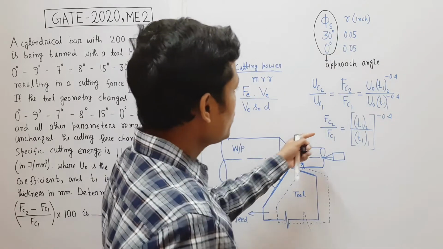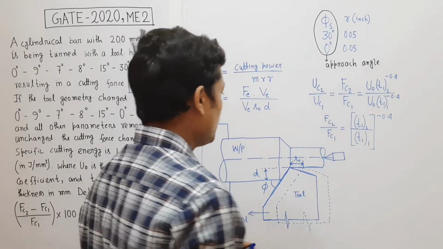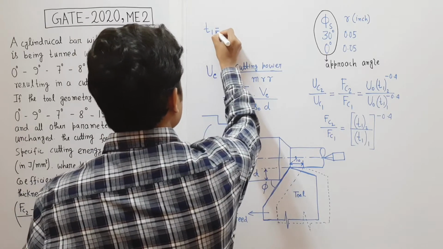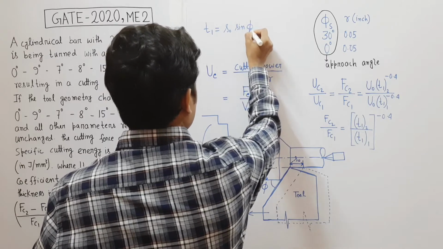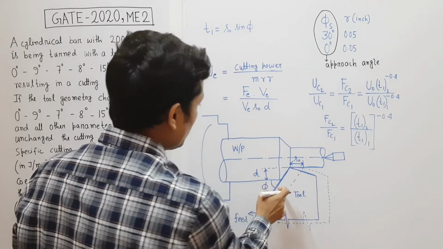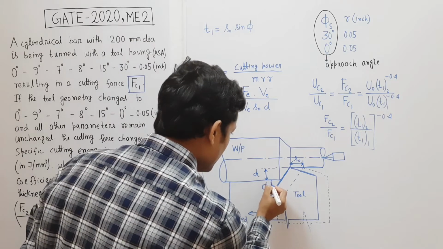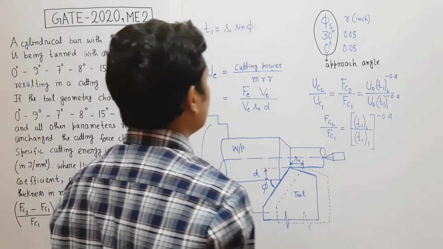So the cutting force is a function of uncut chip thickness only. Now what is uncut chip thickness? All of you know uncut chip thickness is S0 sin phi. The phi is what? Phi is the principal cutting edge angle. It is shown here. This is phi. Phi is the principal cutting edge angle.